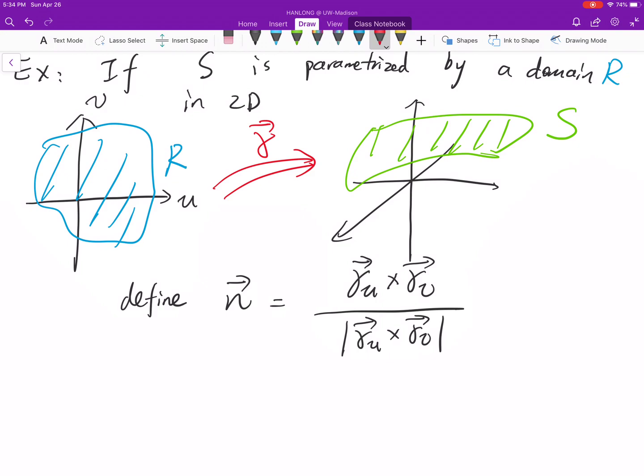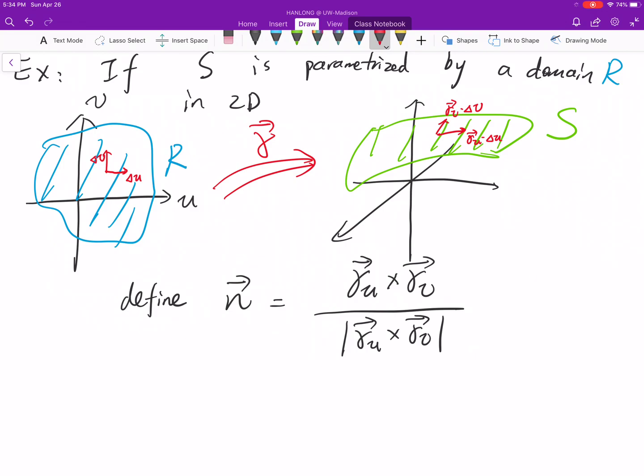Suppose here you have two directions, one is delta u, one is delta v, and then on this side you might have gamma_u times delta u, approximately gamma_v times delta v.